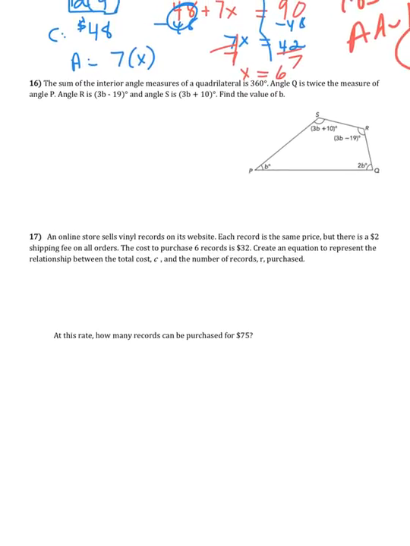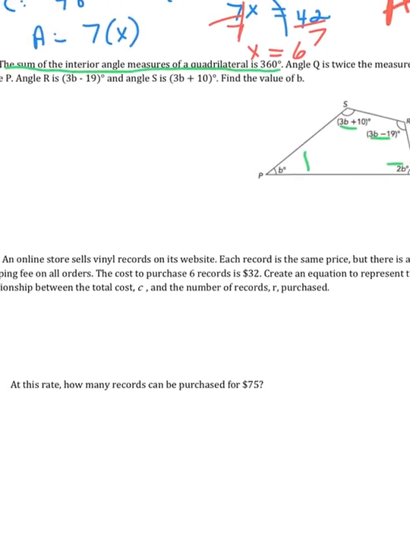The next problem says the sum of the interior angle measurements of a quadrilateral is 360. Interior means inside. So that means this one. Those interior angle measurements is going to equal 360. So all you have to do is write out those sums.